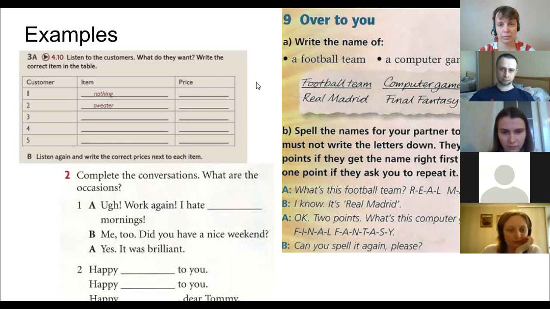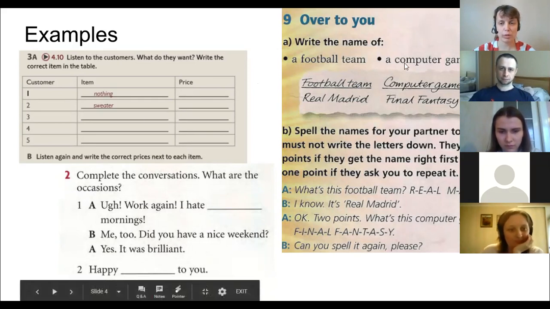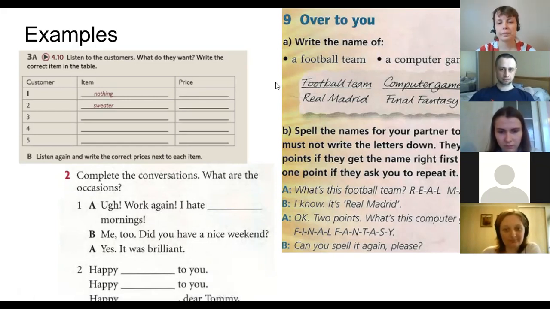3A looks quite good. What makes it good? It's short. Alicia, this is elementary. The first two are elementary. The long one is beginner. Okay, it's short. What else? They have a demonstration of what they should do.